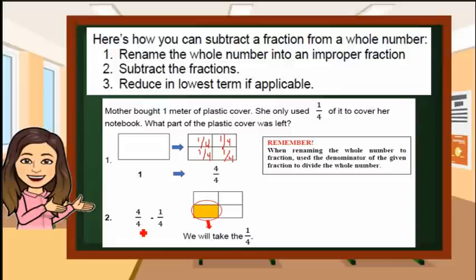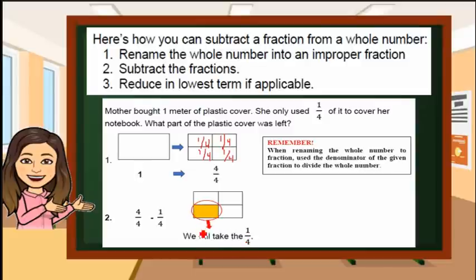So 4/4, which is equivalent to 1, minus 1/4 because it is the part which mother have used to cover her notebook. Okay, so we will just take the 1/4.